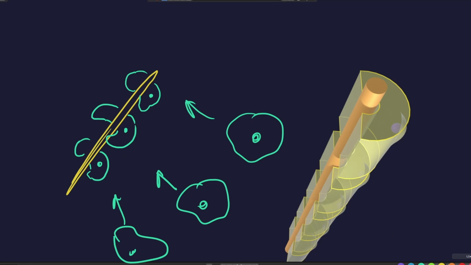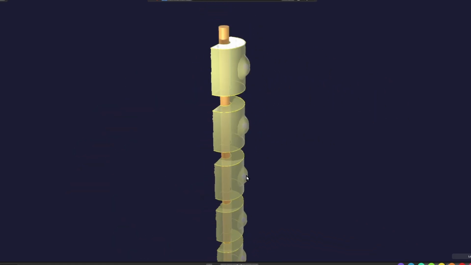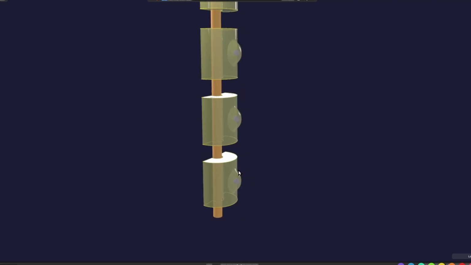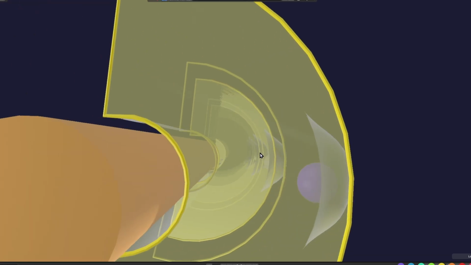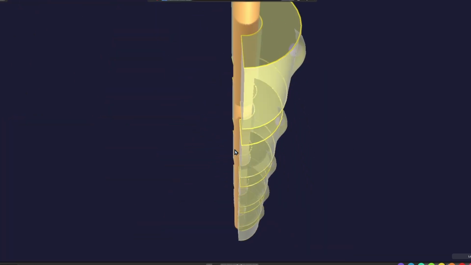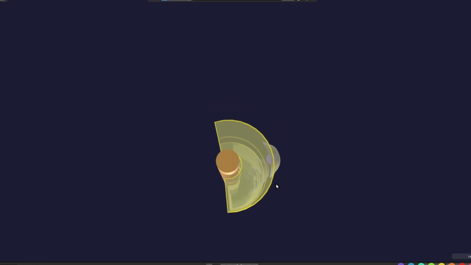Let me show you the animation so that you clearly understand what is going on here. Let's suppose lots of Schwann cells have surrounded this neuron. You can see here they have surrounded it. I have deliberately made them a bit translucent so you can understand what is going on.